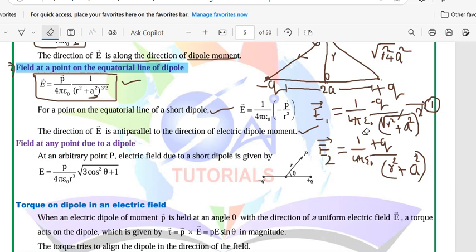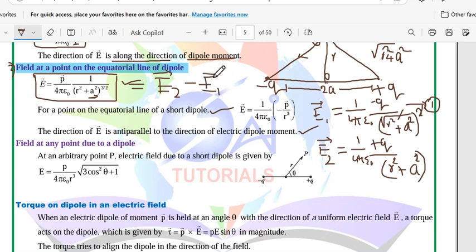So by the net charge, how will you get the net electric field? By considering the electric field E bar is equal to E2 bar minus E1 bar.